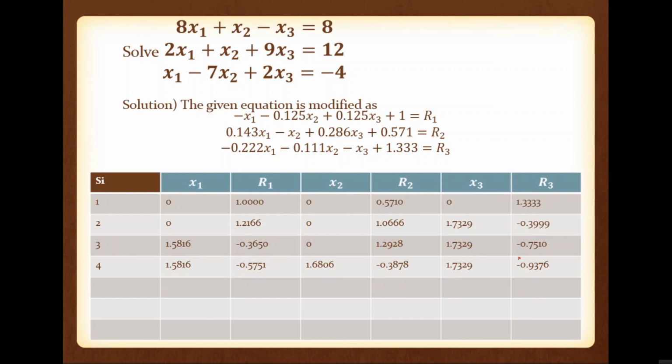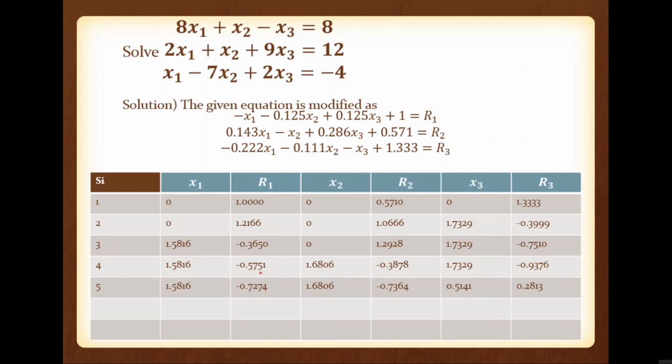Okay. So by using R3, we have to find the next x3. So the next x3 is this 1.7329 plus W into, that is 1.3 into this value. Okay. So the corresponding value is 0.5141. Now we have to copy x1 and x2. Then by using this x1, x2, x3, we have to find the next residues.